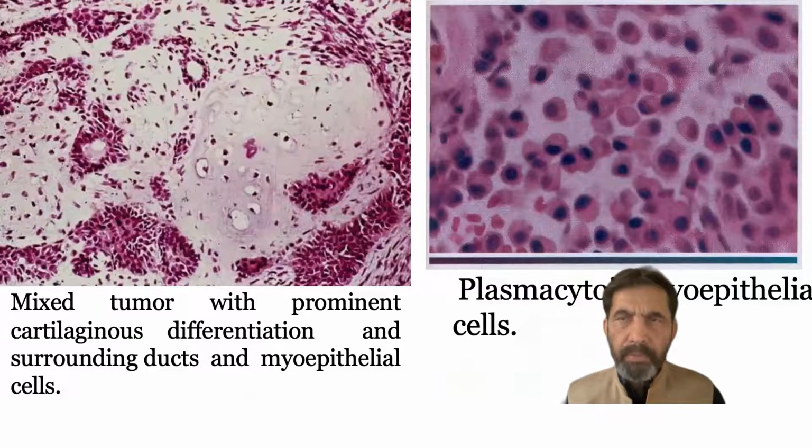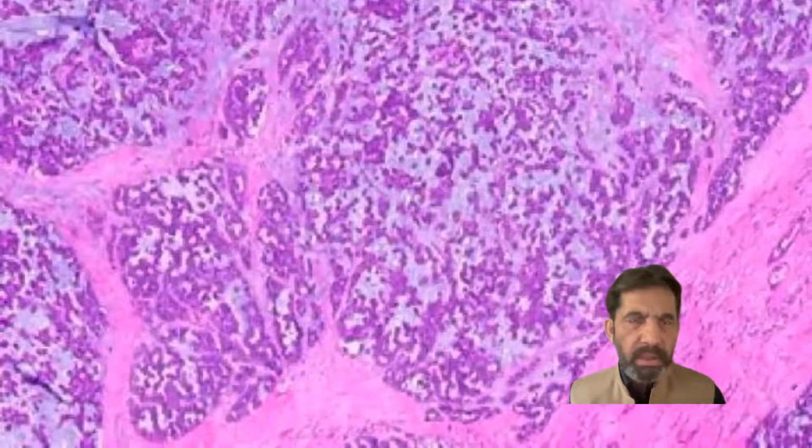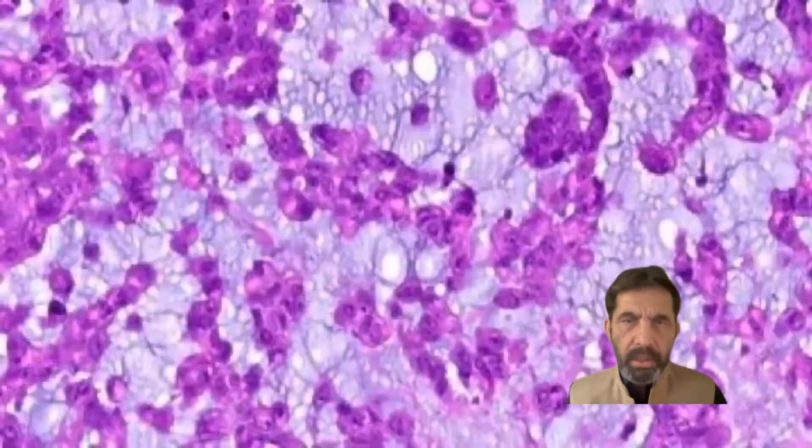Here again, beautiful myoepithelial cells, this is the plasmacytoid variant, mixed tumor with predominant cartilage. You can see bone in certain areas. That is why it is called myxoid. Again, beautiful pictures: myoepithelial, epithelial, and the myxoid areas in the background.